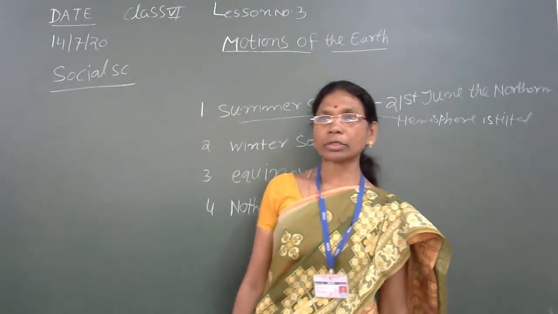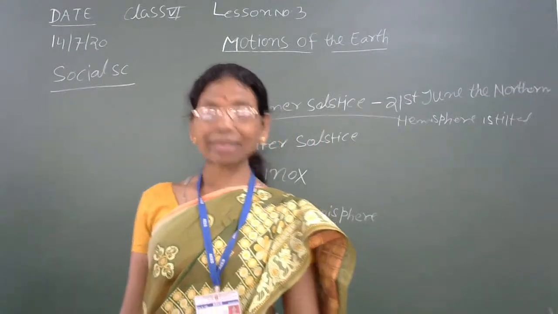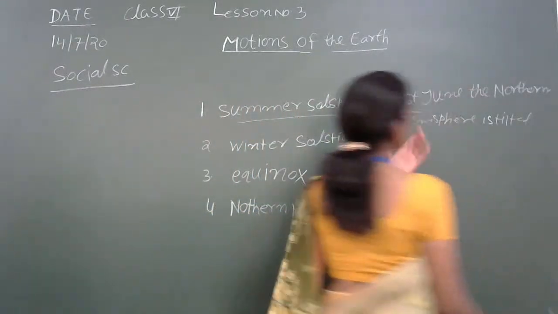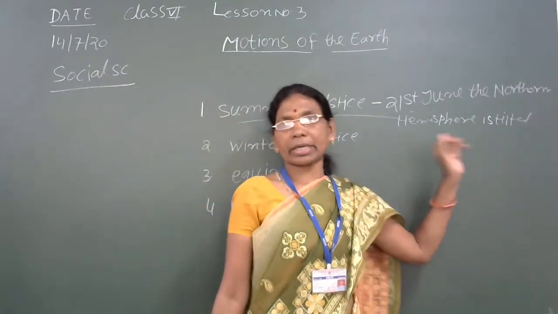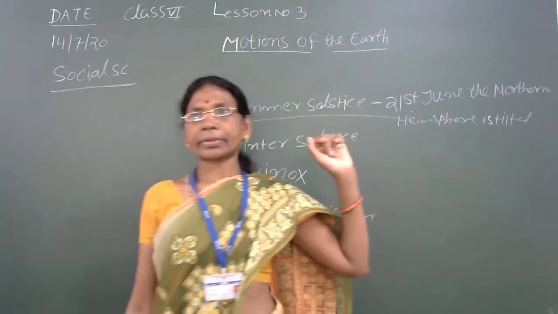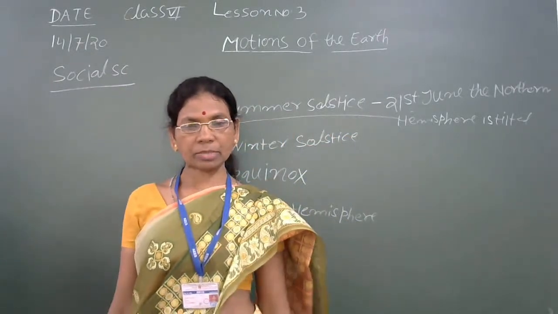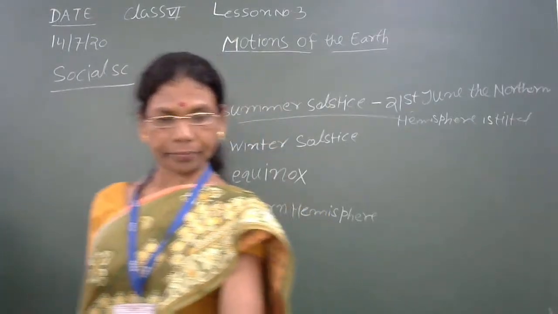On 21st June, the northern hemisphere is tilted towards the sun.